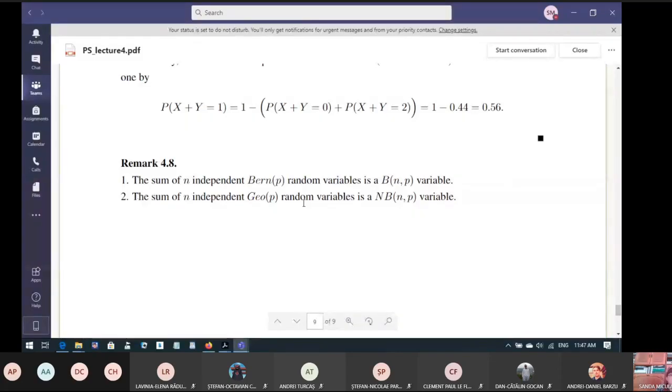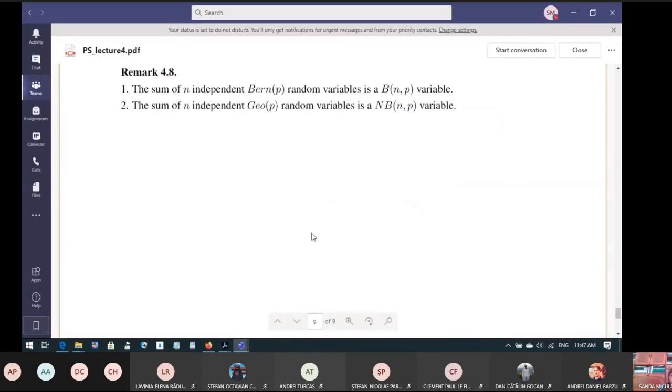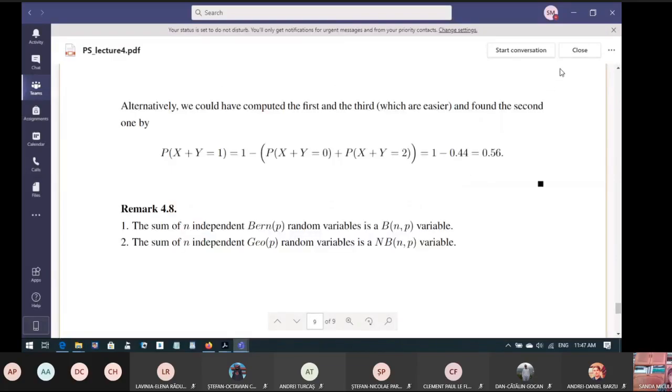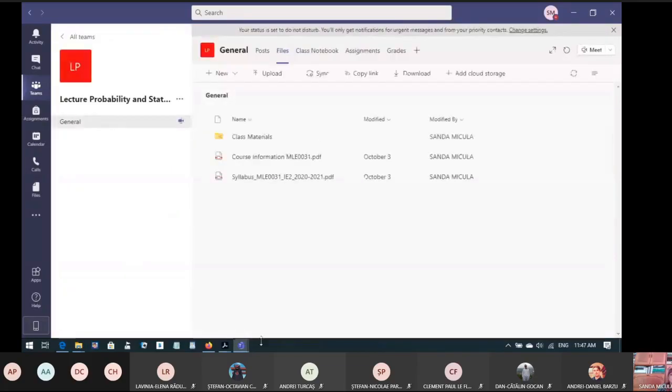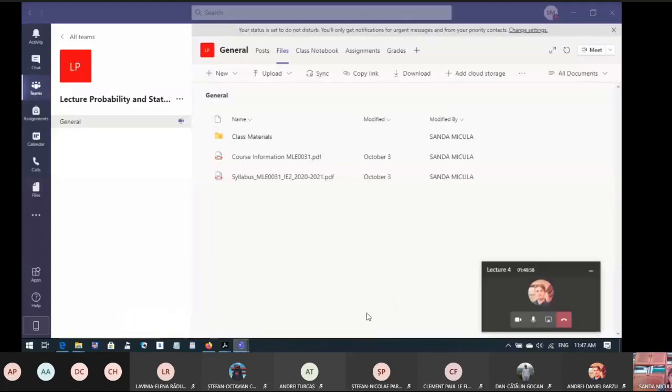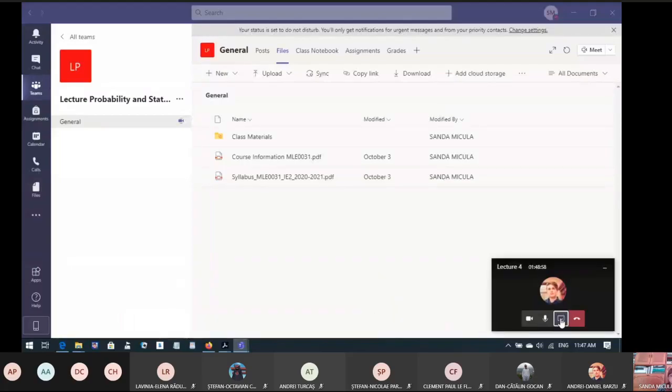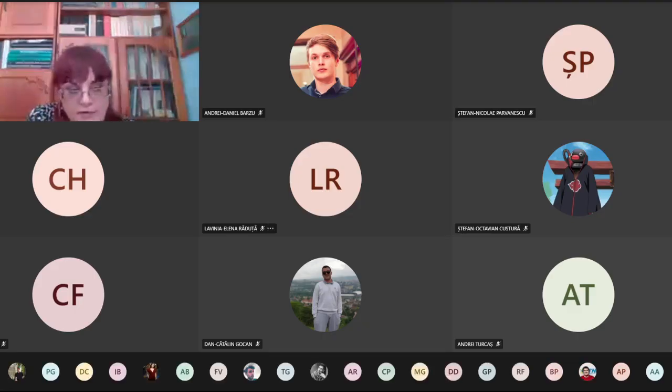This is going to make the computation of some of those characteristics very easy by having this relationship. All right, so this is it, we finished the discrete case, discrete random variables and vectors.